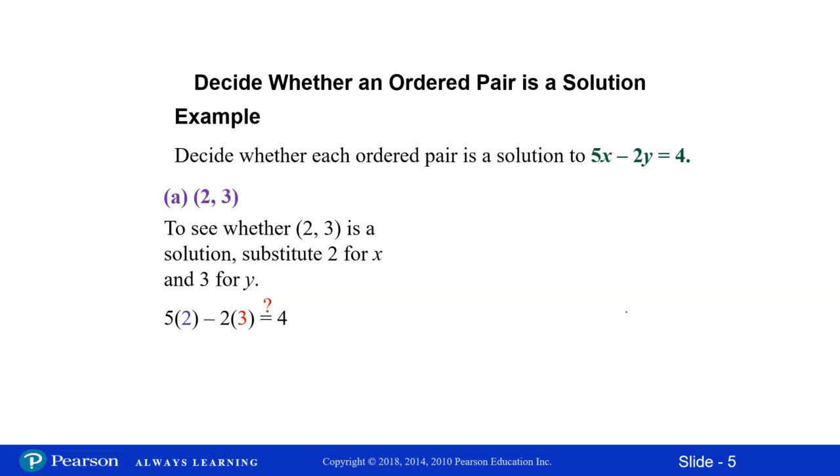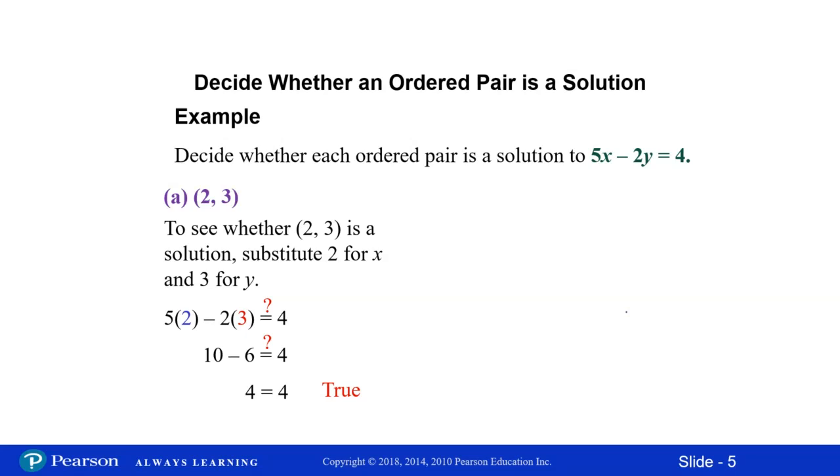Here I write 5 times 2 minus 2 times 3. Is that equal to 4? That's what I'm interested in knowing. Now 5 times 2 is 10, minus 2 times 3 is 6. That gives me 4 equals 4, which is true. Therefore, 2, 3 is an ordered pair that is a solution for this equation. It will work.